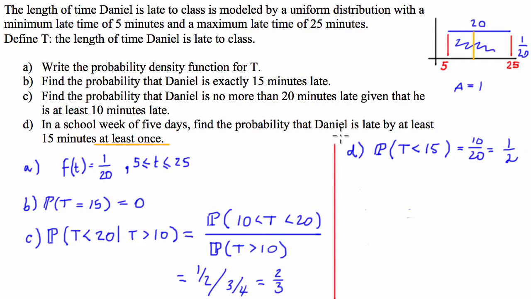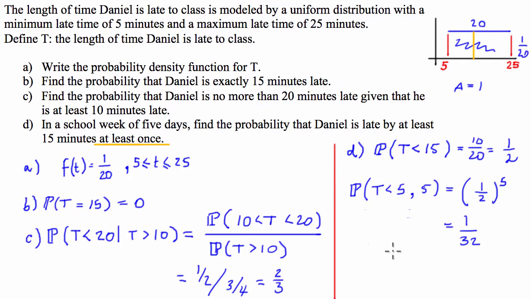Now, if we do that over 5 days, that's going to be equal to 1 over 2 to the power of 5, which is equal to 1 over 32. Now, this is the probability that he's going to be late by less than 15 minutes all week.